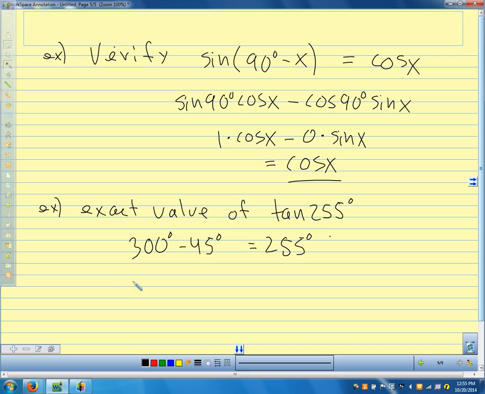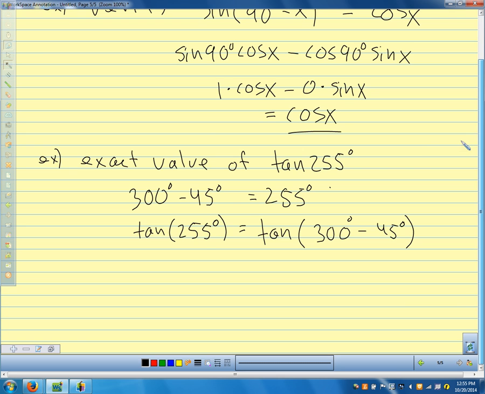All right. So tangent of 255 degrees equals the tangent for the pair I chose, 300 degrees minus 45 degrees, and we plug that into our tangent difference formula.